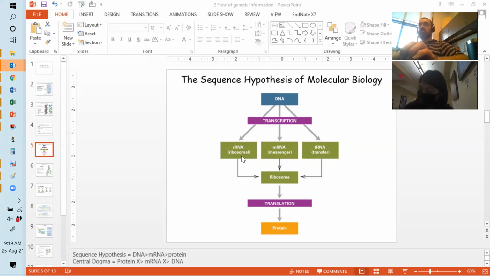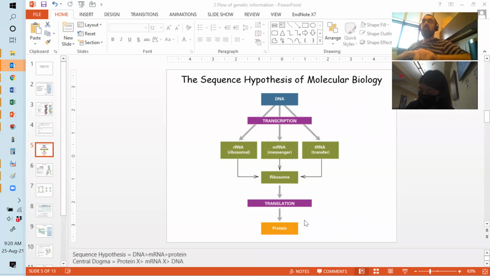So these two examples here, rRNA, ribosomal RNA, and transfer RNA, are good examples of non-coding RNAs. There are lots of others. So many I don't actually know all of them. Not even a small percentage of them, maybe.